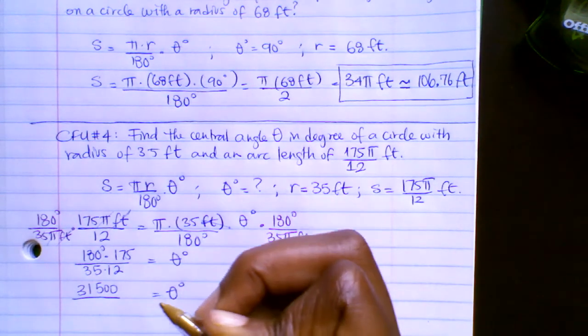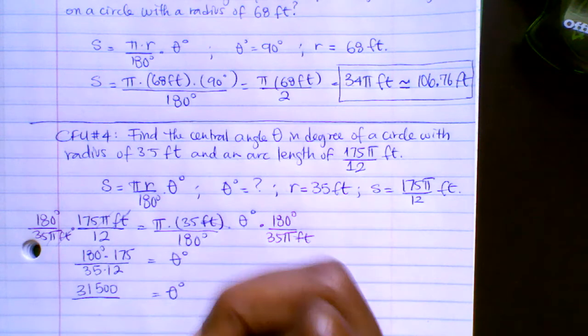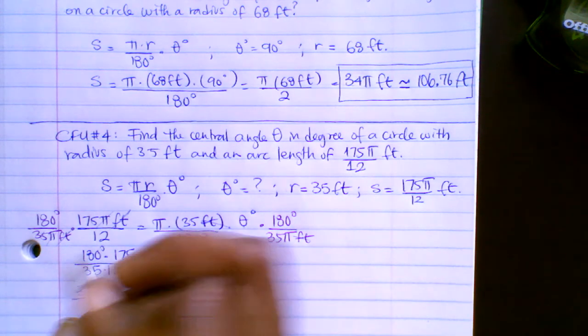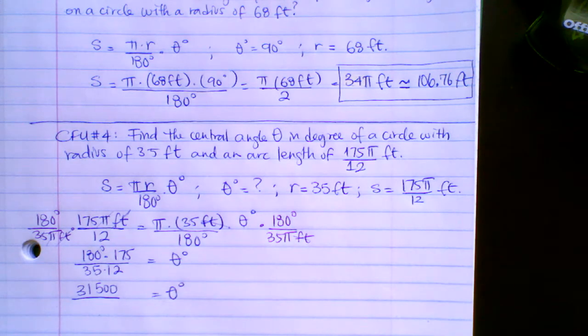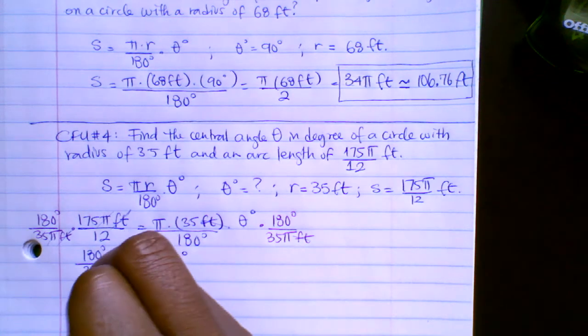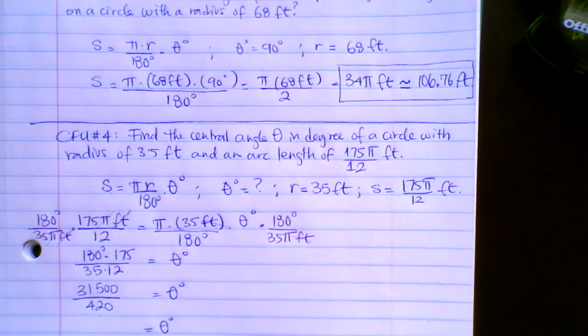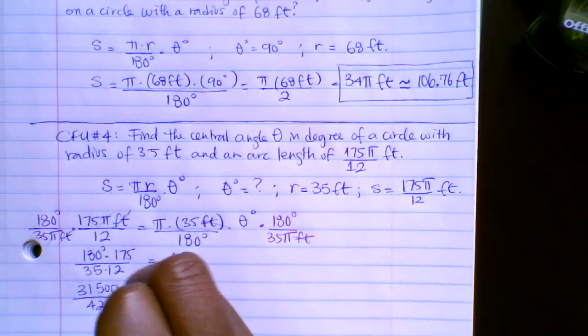over, I believe it should be in degree, the answer must be in degree. Okay, so 35 times 12 is going to be 420. So let's divide. 31,500 divided by 420 simplifies into 75 degrees.